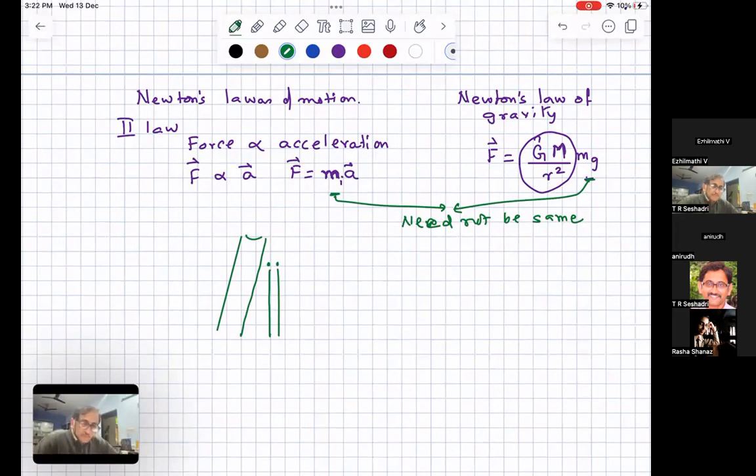When is this possible? It is possible if the motion of these two particles under pure gravity does not depend upon the individual properties of these particles. That is, whether it is a chalk or a stone, doesn't matter. When you drop it, it will come down in the same way.